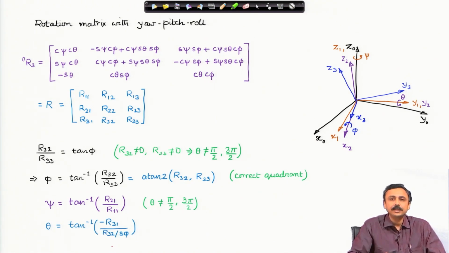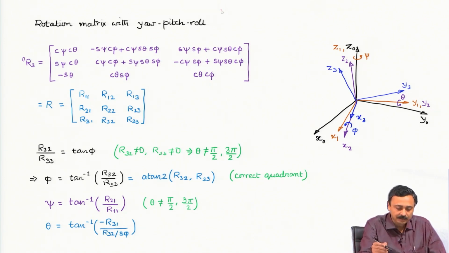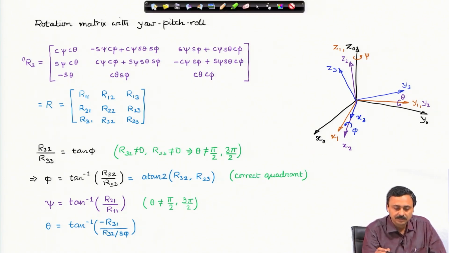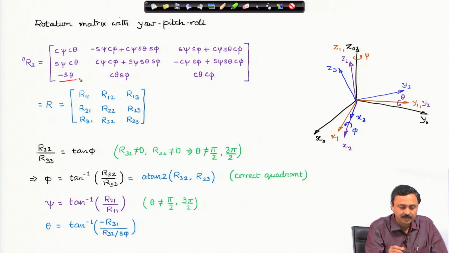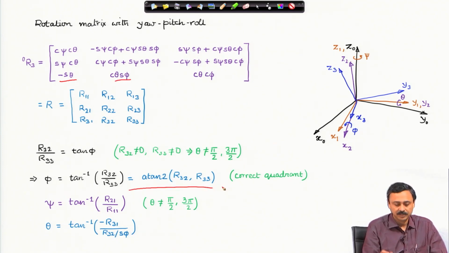Every time I am trying to find the tangent of a particular angle which I want to solve. This is to be able to use the computer in an automatic fashion to get the correct quadrant. And theta is equal to tan inverse of minus R31, R31 is this element, minus R31 divided by R32 by sin phi. Now, sin phi has already been determined in the first step, therefore, I can find out theta.